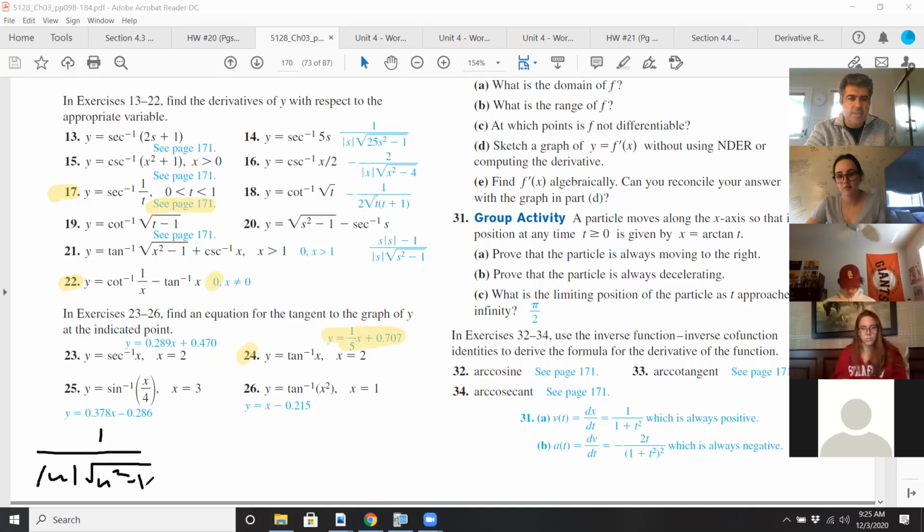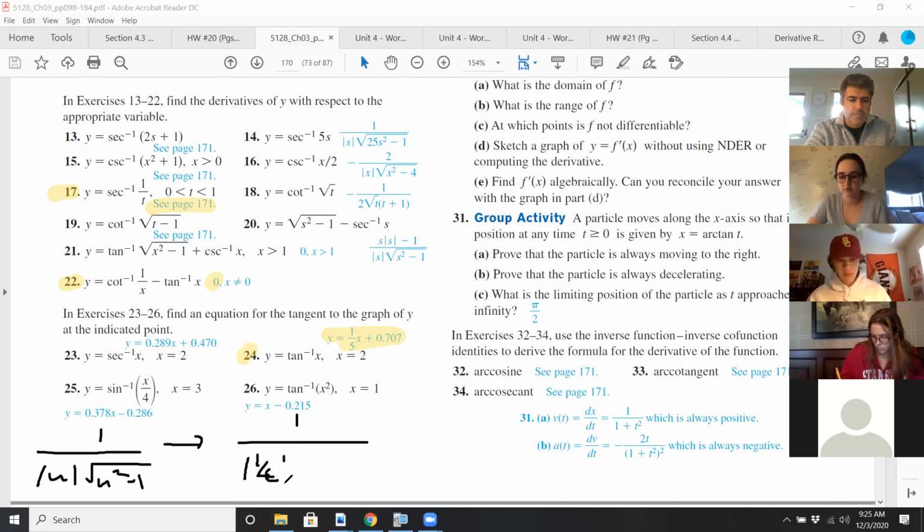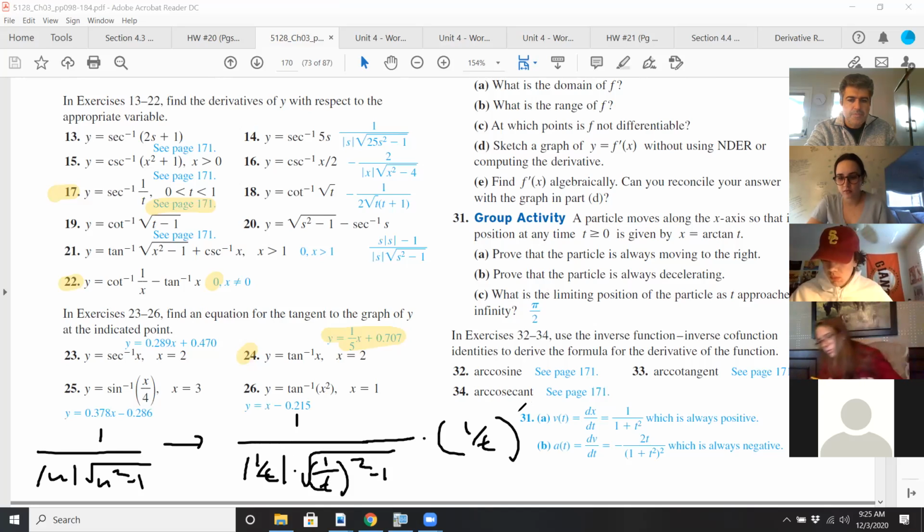So my apologies if I didn't give that to you guys correctly the first time around. So when I do 17, I'm going to do 1 over the absolute value of 1 over t times the square root of 1 over t squared minus 1. But then I got to do the derivative of 1 over t. And then you have to evaluate all that stuff.